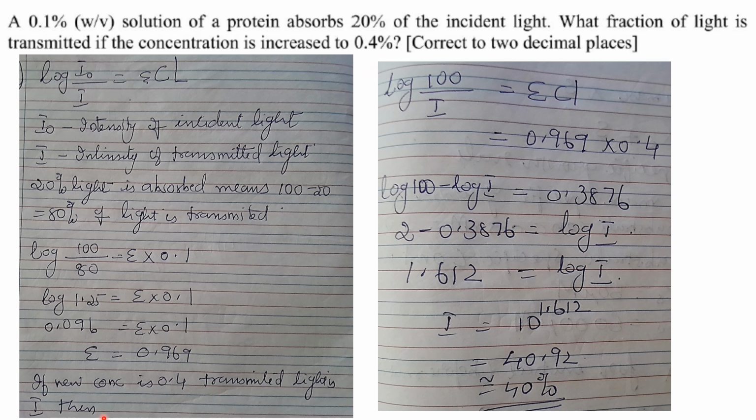So the transmitted light I is what you have to find out. So log 100 by I is equal to epsilon Cl. You already got the epsilon value, 0.969, into the new concentration, 0.4. So log 100 minus log I is equal to 0.3876. Calculate and you will get I as 40.92, which is about 40%.